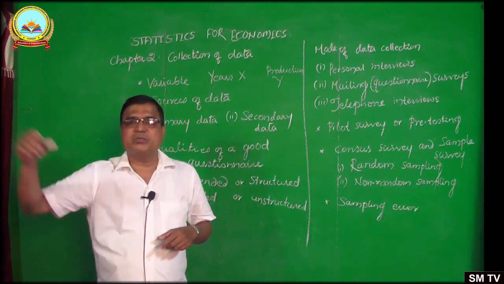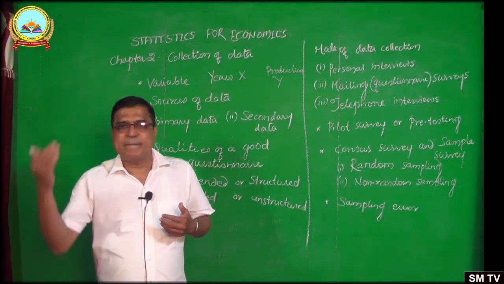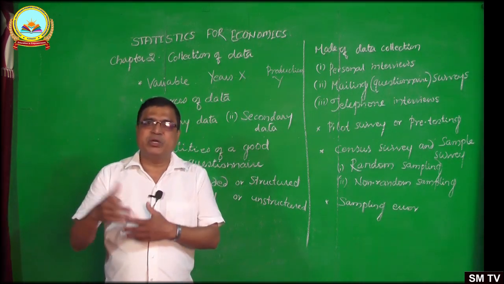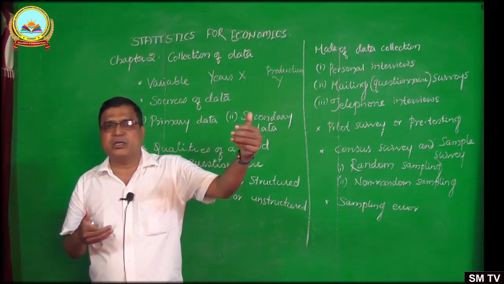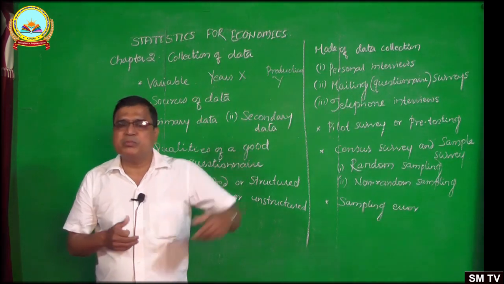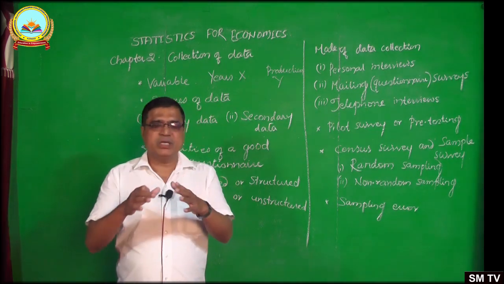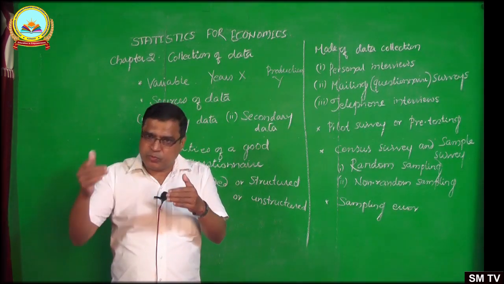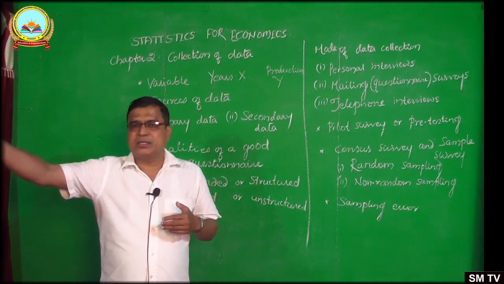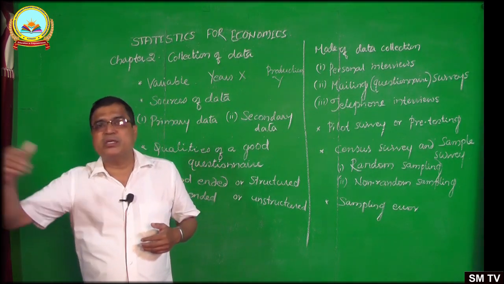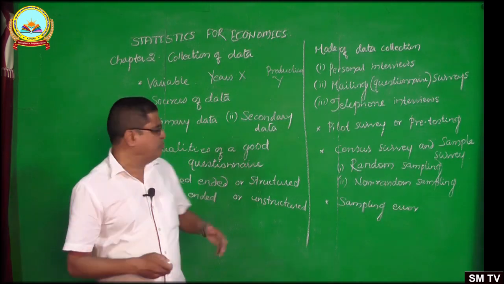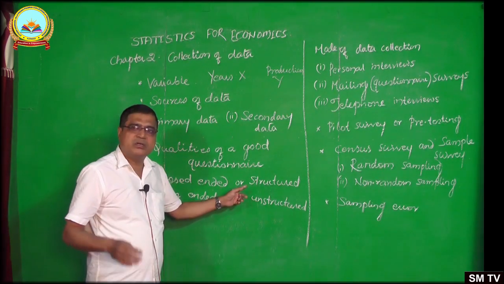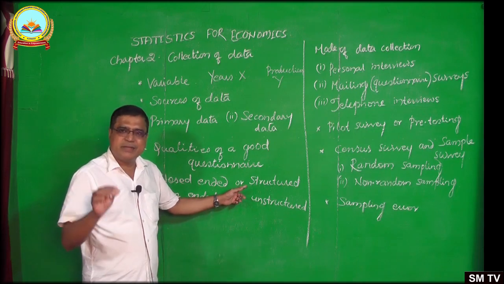He may adore, or be a fan of, that popular star. That means apart from 4 alternatives, the respondent may have one more extra answer that cannot be given in a closed-ended or structured questionnaire.